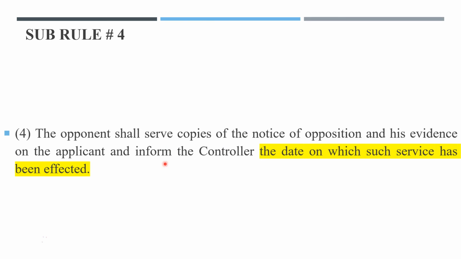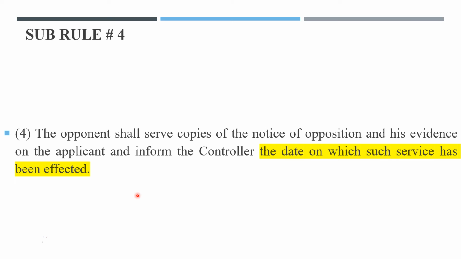Sub-rule 4 says the opponent shall serve copies of the notice of opposition and his evidence on the applicant and inform the controller the date on which such service has been effected. Now you can find the sequence is followed, right? One after another, stepwise, the events are happening.